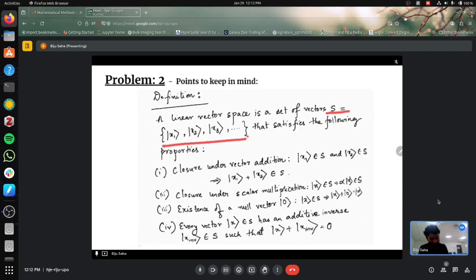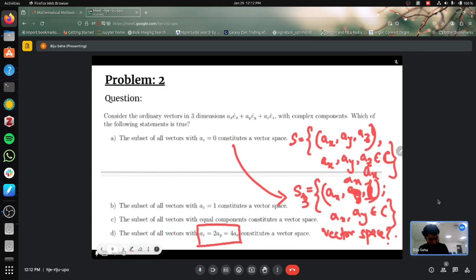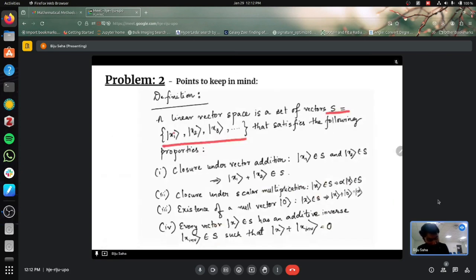In our case, the components are the individual ax, ay, and az. There can be any other complex numbers, ax prime, ay prime, az prime.